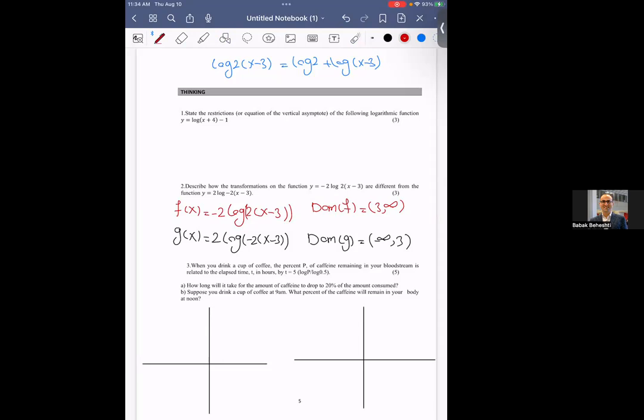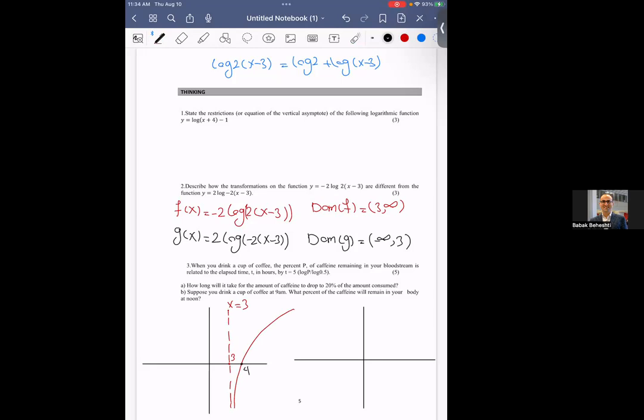But here you have x minus 3, so you do a horizontal translation, 3 units to the right. Imagine this is x equal to 3. So log of x minus 3 is just this guy, and this point is x equal to 4.